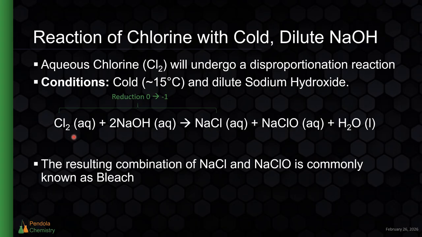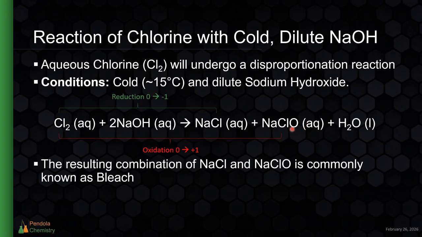But the chlorine also gets oxidized, because one chlorine atom from the two in the chlorine molecule gets turned to chloride. The other chlorine atom gets oxidized by losing the electron that the other chlorine gains and becoming the chlorine in sodium hypochlorite.